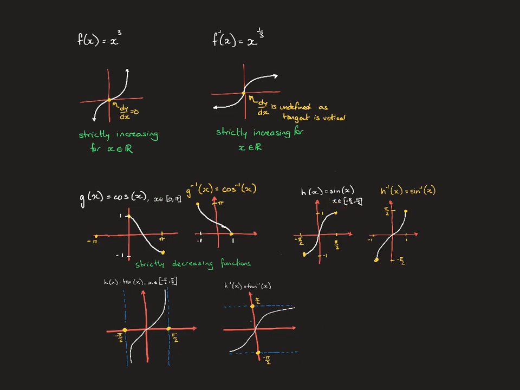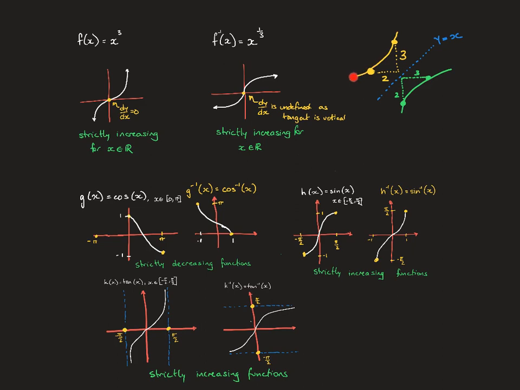For our restricted sine graph, strictly increasing, and its corresponding inverse also strictly increasing. And the same is true of our restricted tan function and its inverse tan function as well.